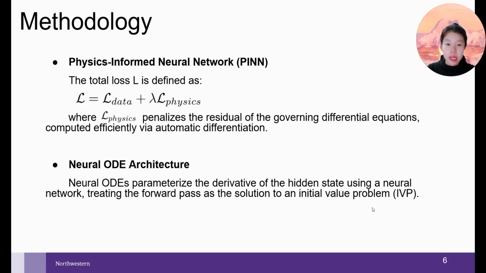We use automatic differentiation to calculate the derivatives of our network's outputs and plug them directly into the Lorenz equations. If the network predicts a trajectory that violates these physical laws, the loss function heavily penalizes it. The lambda parameter simply acts as a weight to decide how strictly we want to enforce those rules.